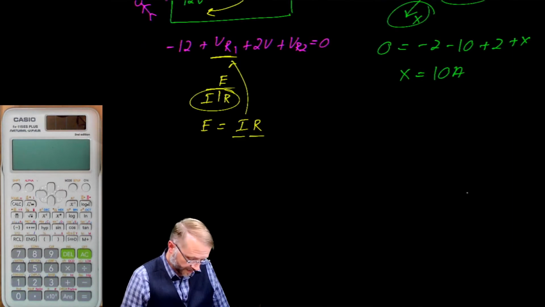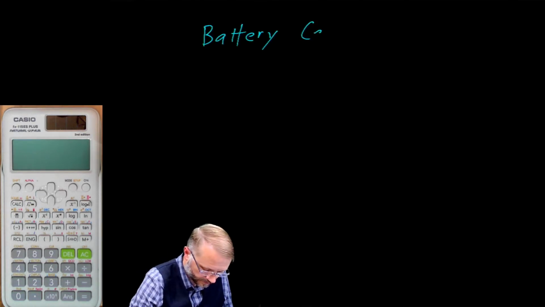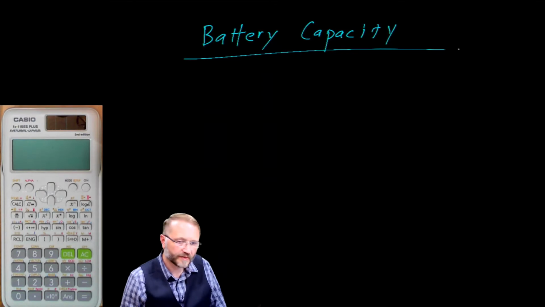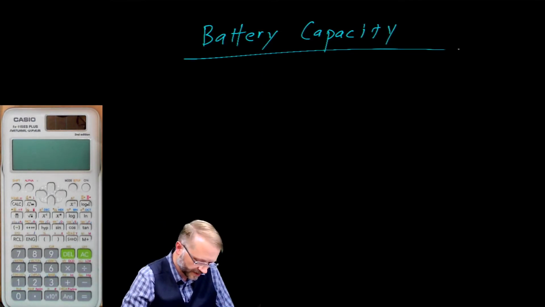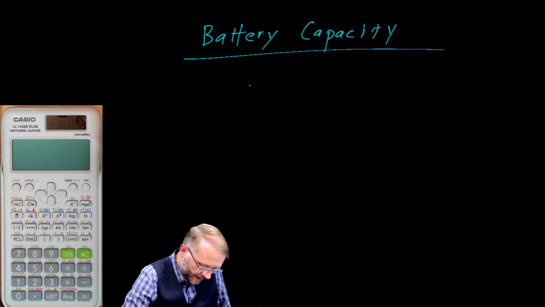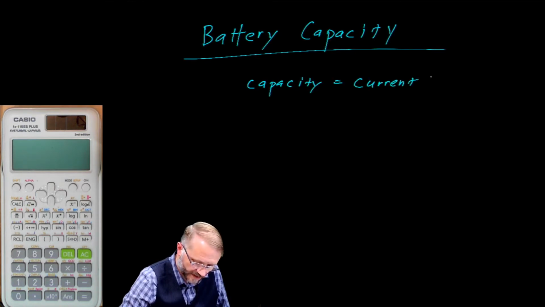I believe in the last class we talked about battery capacity. Don't recall if that's in the book, and I certainly know it's not in the book at this particular point. However, it's one of those problems that we should continue to work on. Anyway, we said the capacity was the product of current and time.